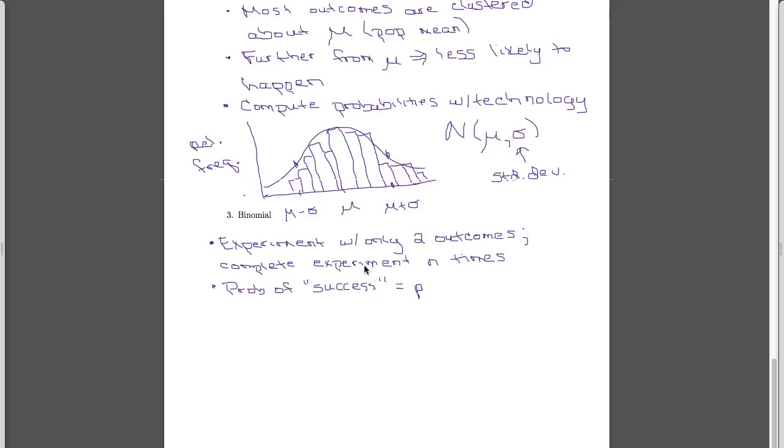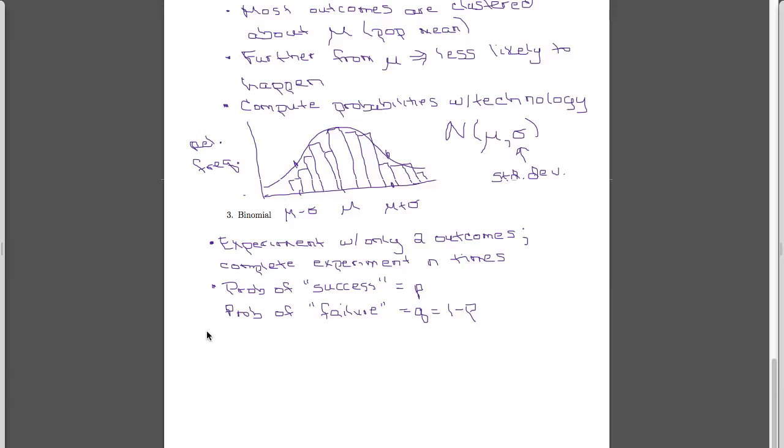So from one experiment to the next, or one trial to the next within our n different trials, the probability of that success won't change. The probability of a failure is denoted with lowercase q, and that turns out to be 1 minus p. Right, since there are only two outcomes and something has to happen with probability 1 for every trial, then if success is probability p, failure is probability 1 minus p.